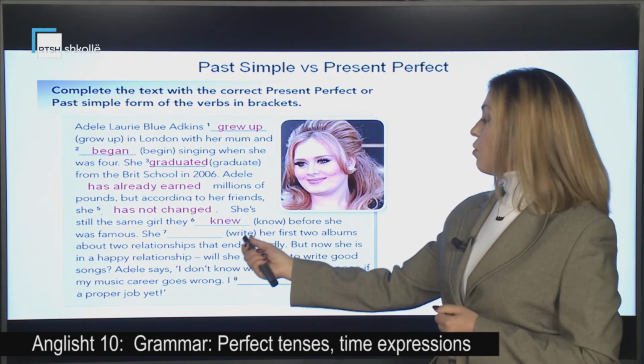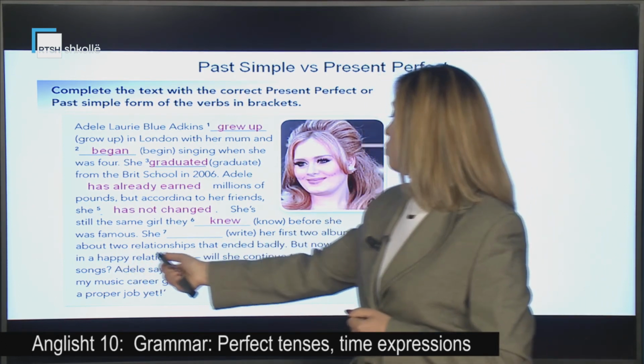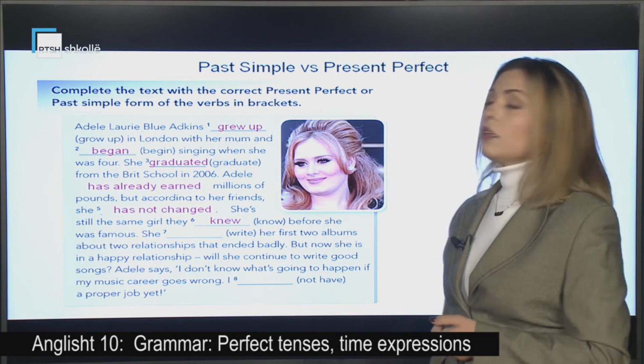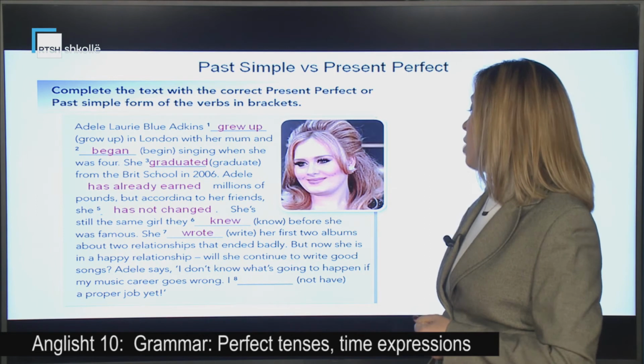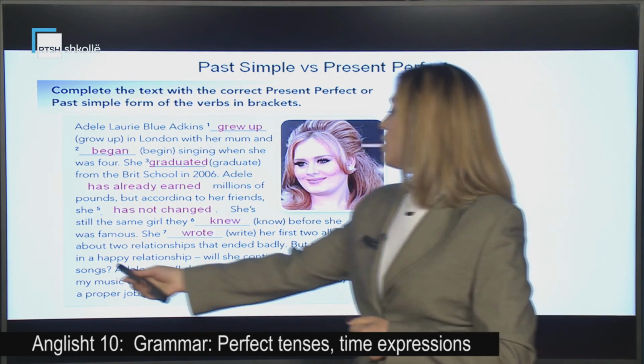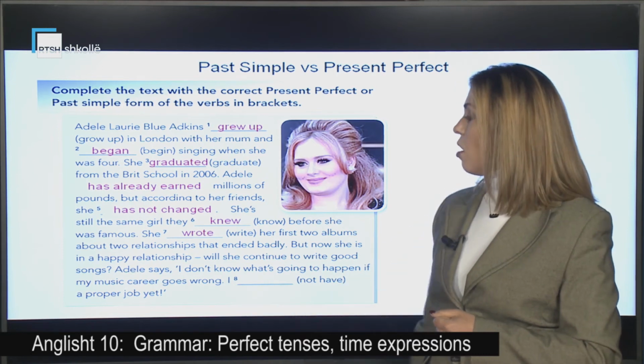She, the verb is write, her first 2 albums about 2 relationships that ended in the past, again past simple. So she wrote her 2 albums. But now she is in a happy relationship. Will she continue to write good songs?